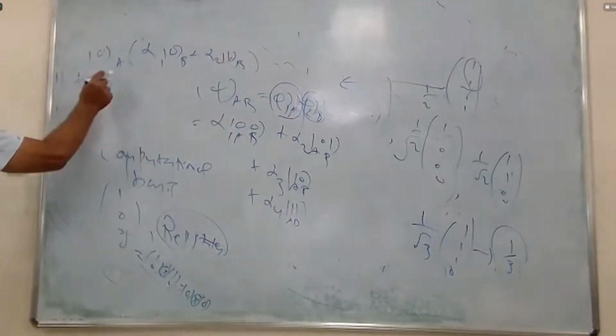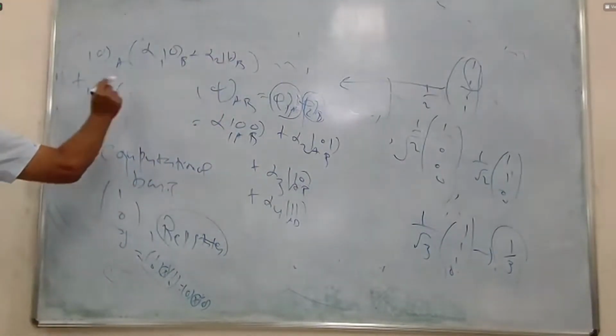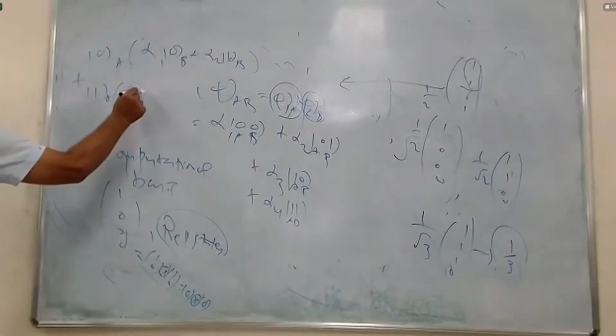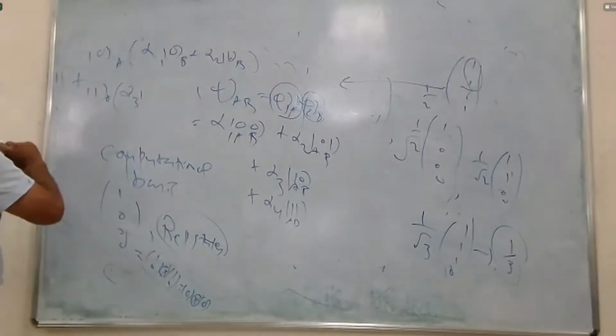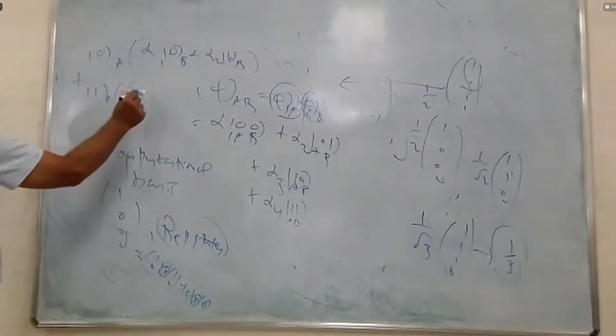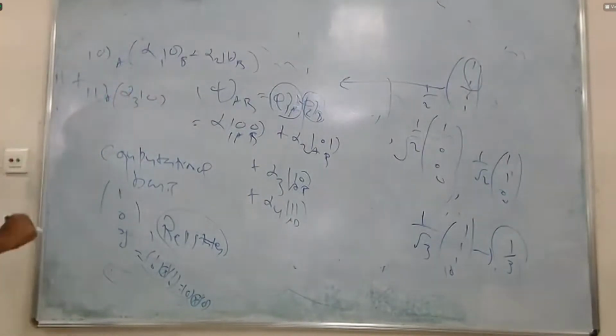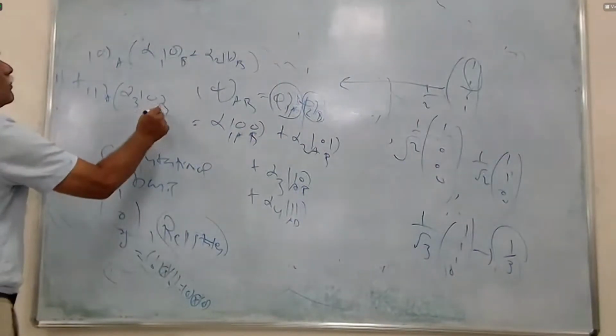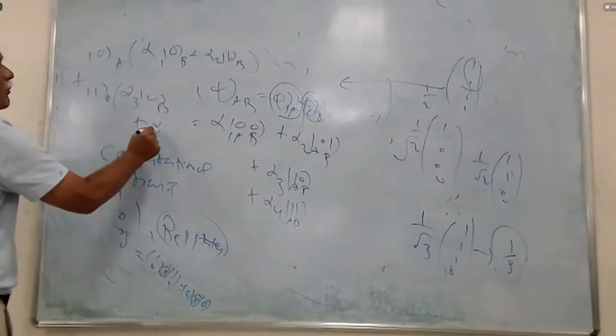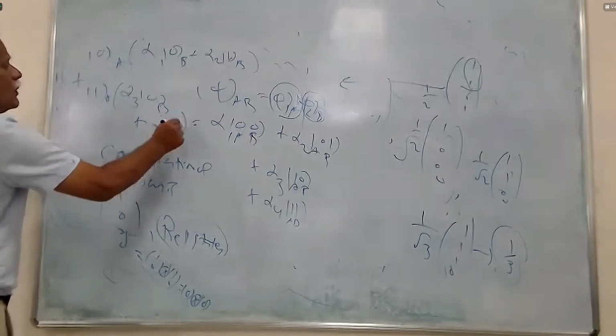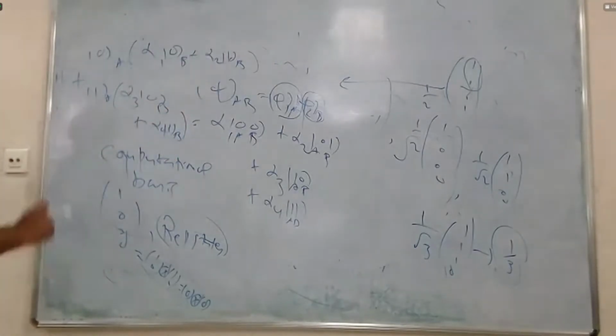Alice is 1, then Bob would be alpha 3, 0 plus alpha 4, 1. Looks similar, except the coefficients.